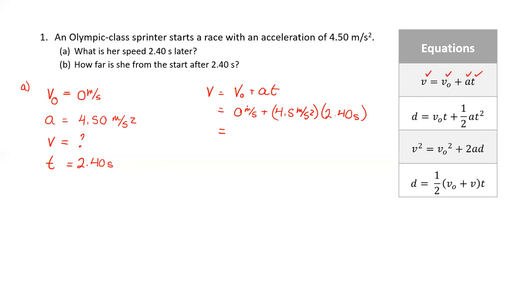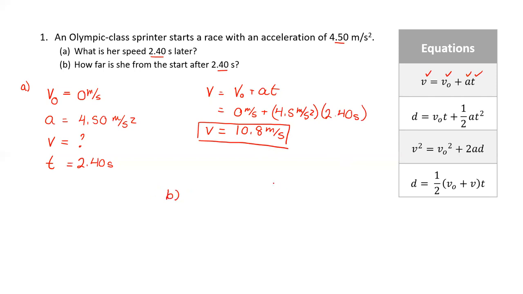So putting that in your calculator, you will get a velocity of 10.8 meters per second. So that's her velocity after 2.40 seconds. You'll notice I've done 10.8 because each place in the question we have 3 significant digits, so we're going to say 3 digits at the end.